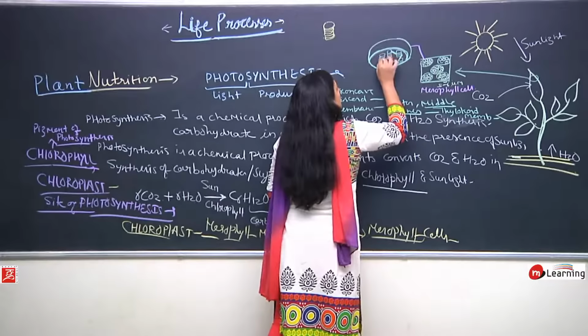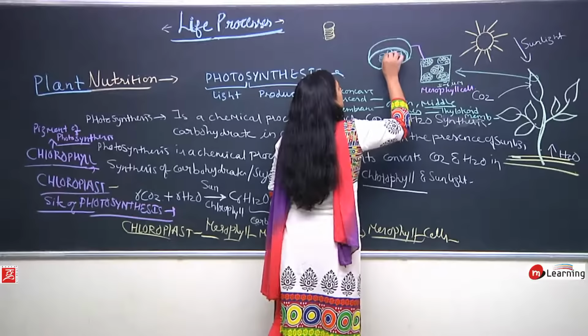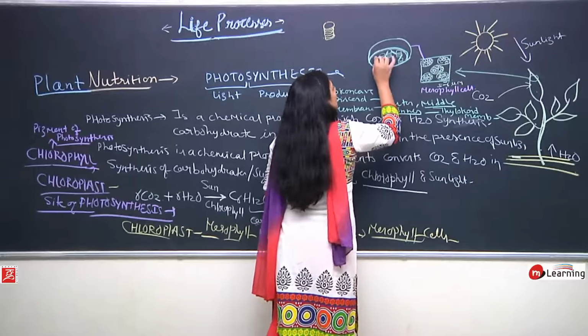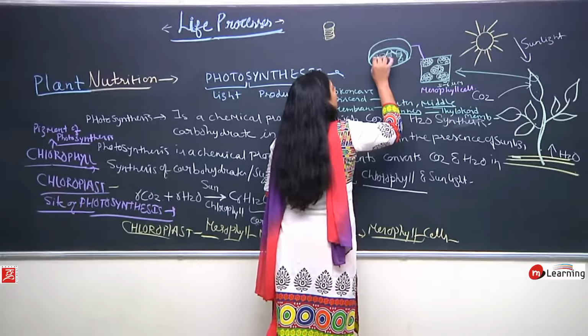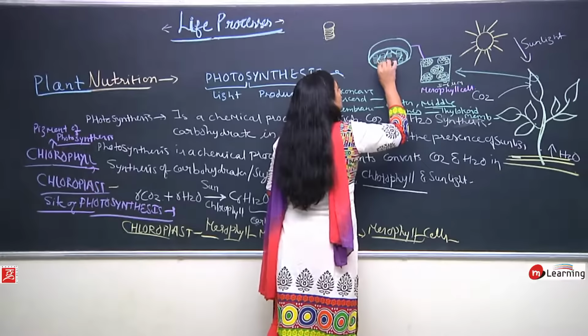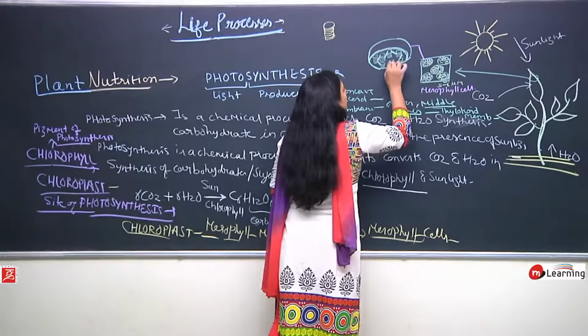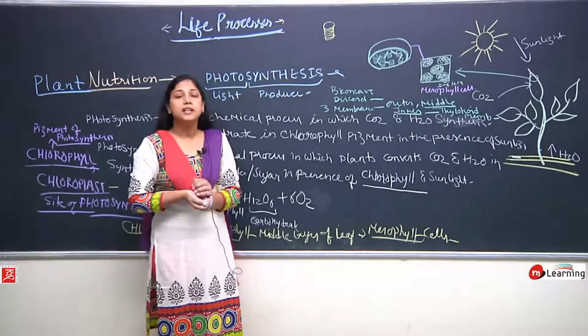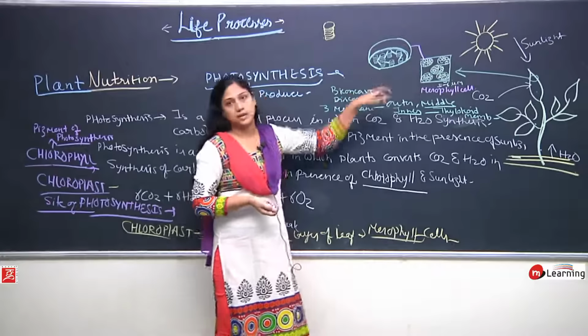This is the structure which we are calling stacks of coin, and these stacks of coin are thylakoids, which are made up of chlorophyll pigment. This is a thylakoid structure, and the thylakoid membrane, the inner membrane, is covering these thylakoids.